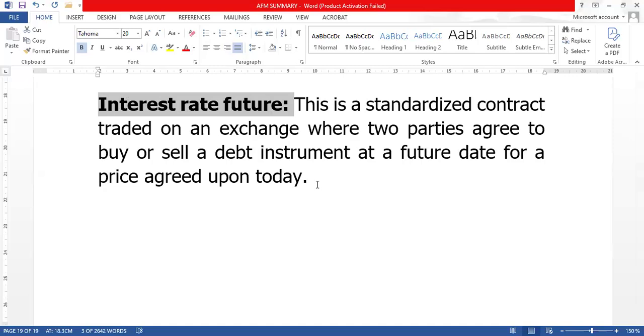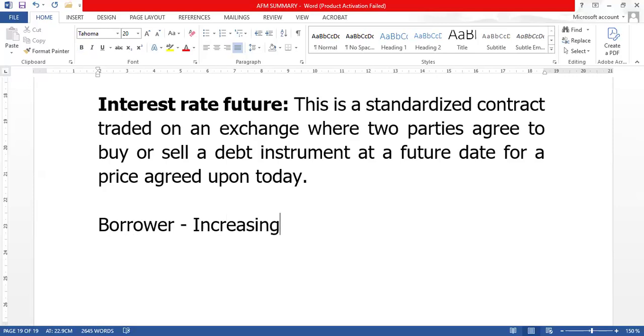All right. Now, every time you're talking about interest rate, remember you may be a borrower or you may be an investor. As a borrower, your worry could be about the interest rate increasing, because if the interest rate increases, you are highly likely to pay more money.